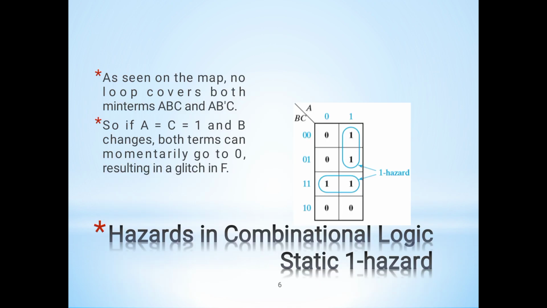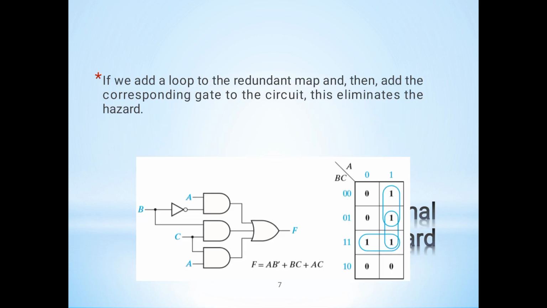We can eliminate the static hazard by combining these two SOPs. Previously it was a b prime plus bc.